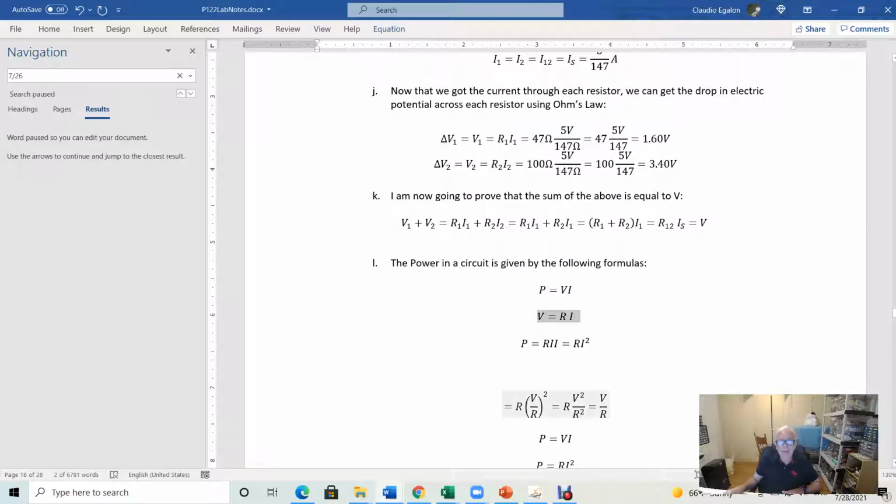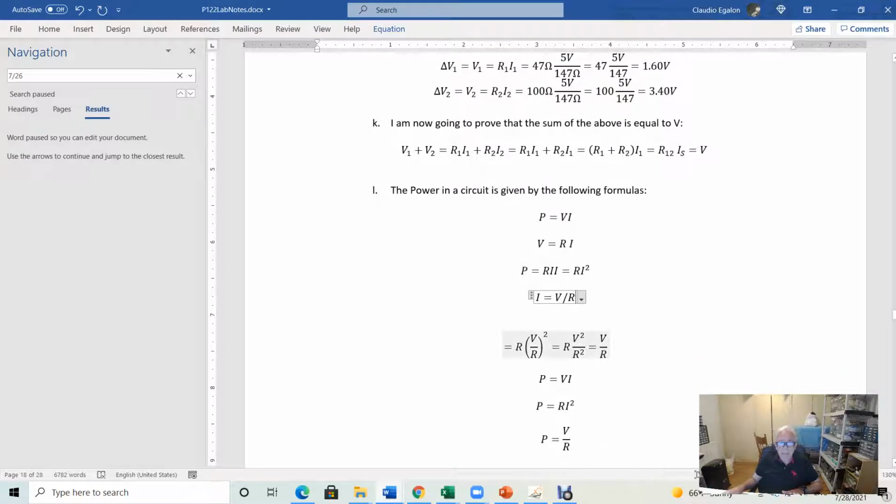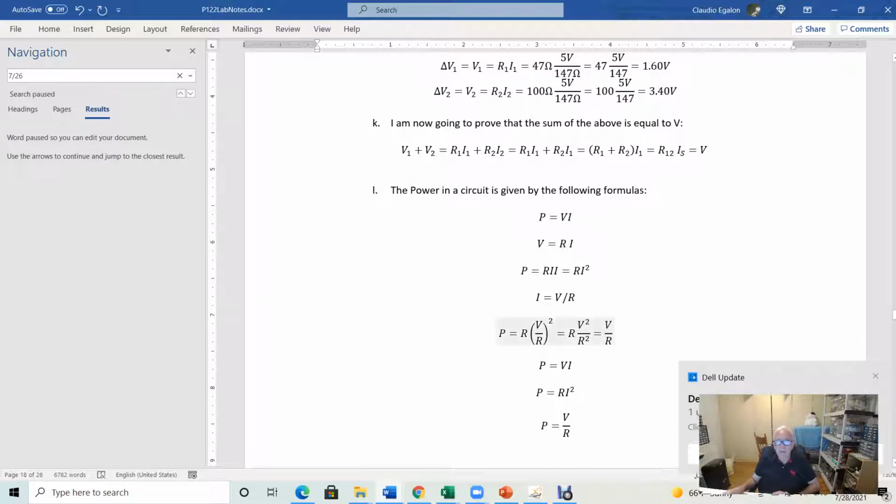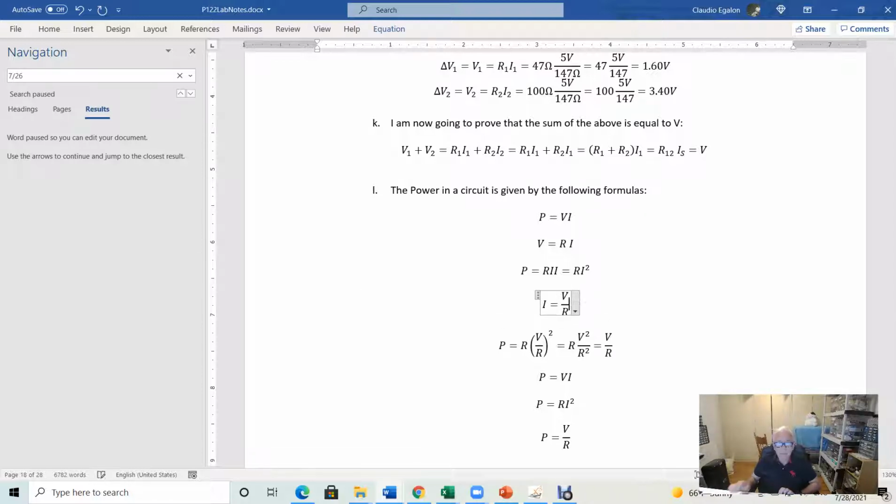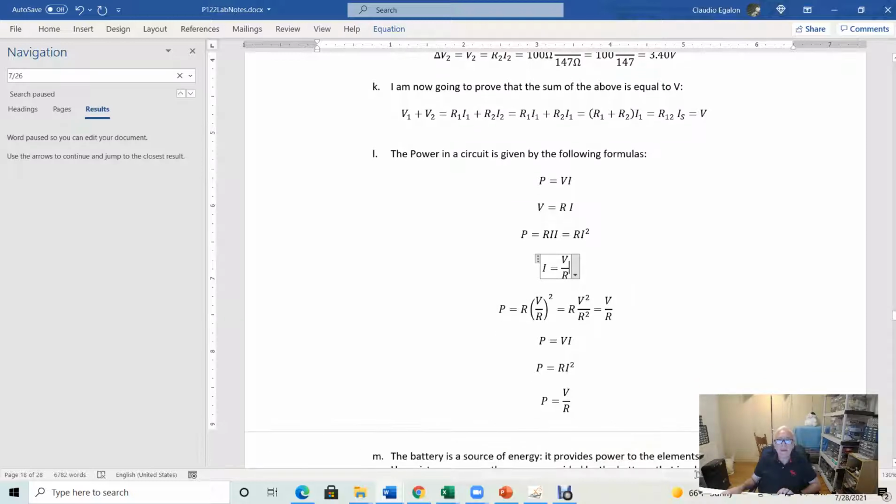We write Ohm's law, but now in terms of the current: i equals V divided by R. And here we write the power, V times V over R. And that's a third format of the same equation: Vi, Ri squared, V squared over R. Okay.